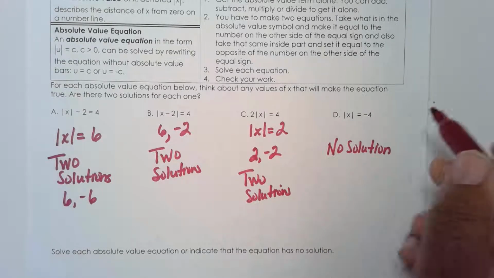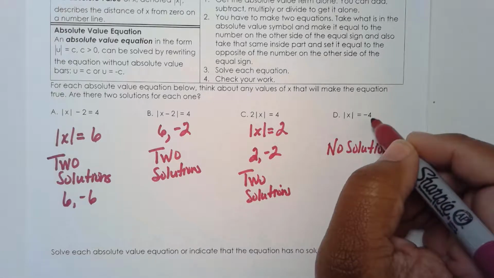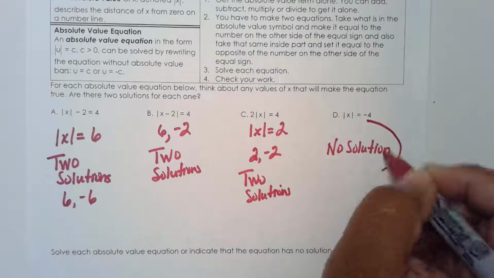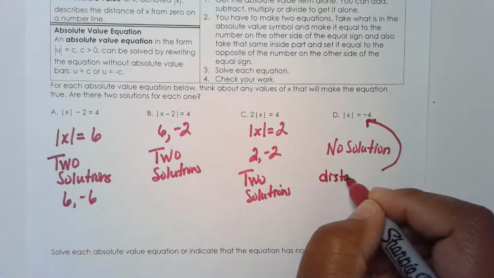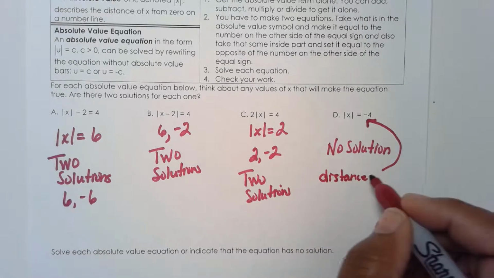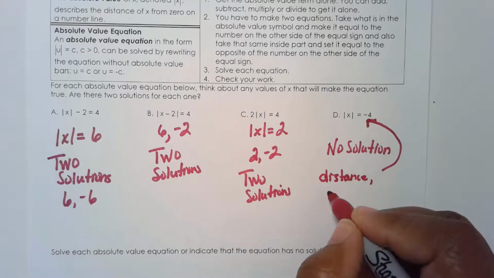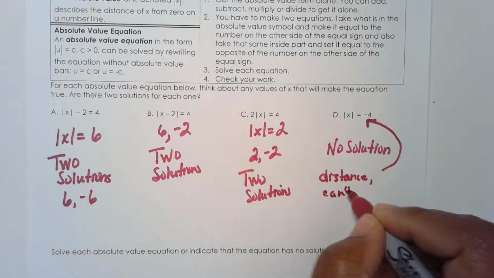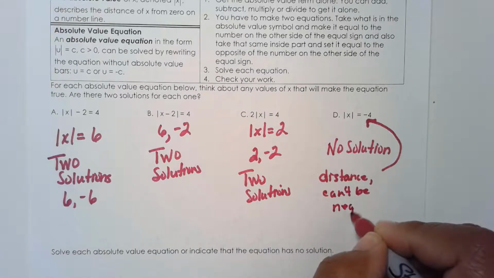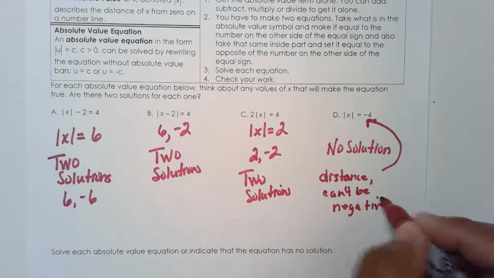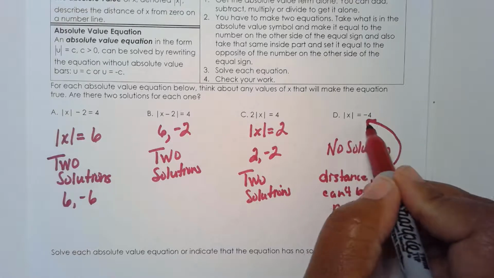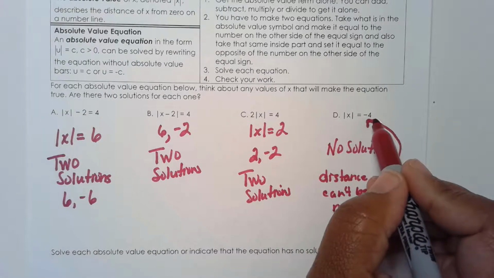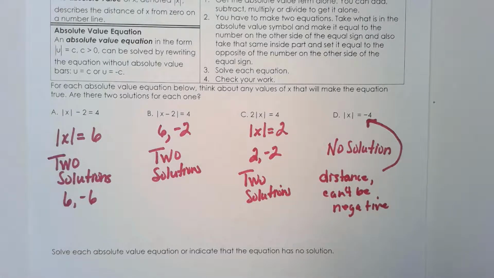We're talking about distance, and it cannot be negative. Keep this in mind: whenever we're solving an absolute value equation, if it's equal to a negative number, there will never be a solution.